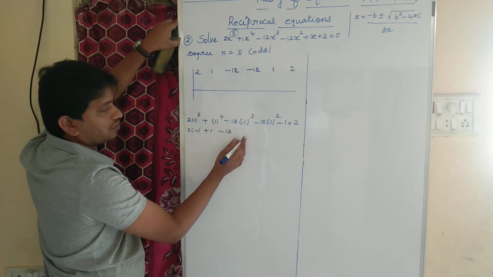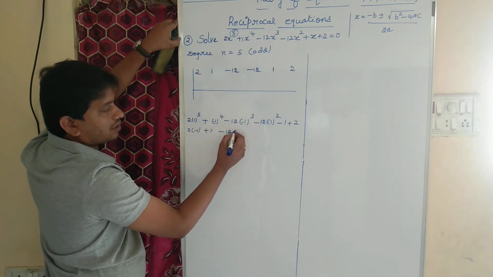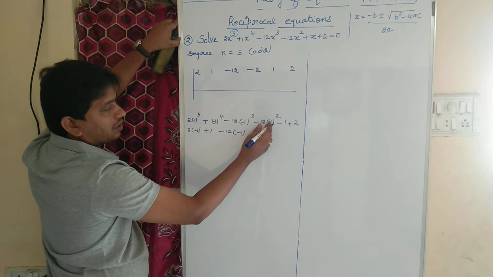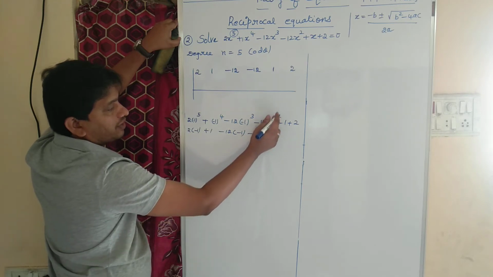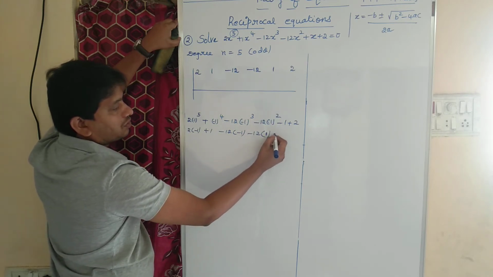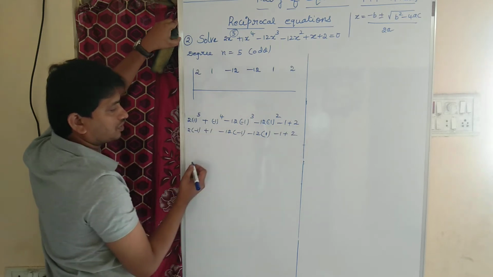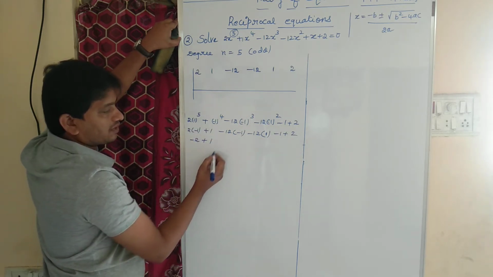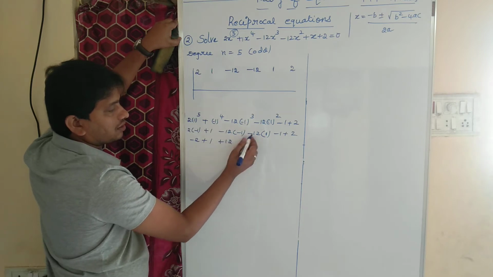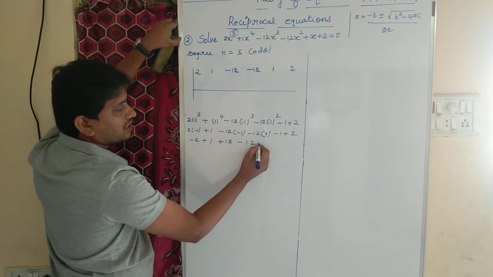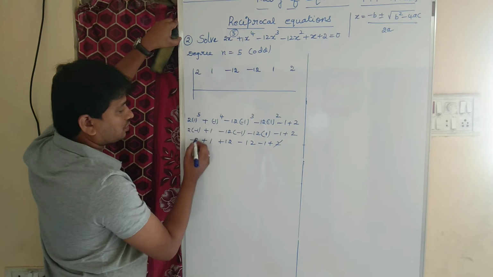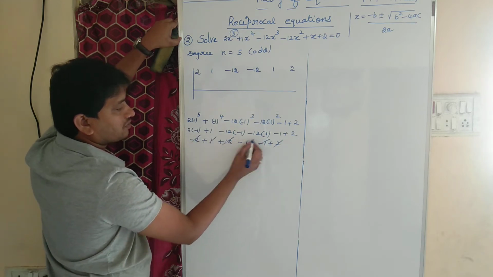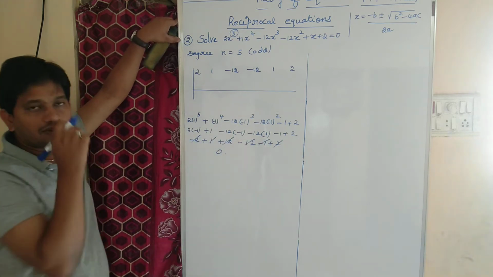Minus 12 into minus 1 cubed, the power is odd, so negative. Minus 12 into minus 1 squared, the power is even, so positive. Then minus 1 plus 2. So 2 into minus 1 is minus 2, plus 1, minus into minus plus, minus into plus minus, minus 1 plus 2. Plus 2 minus 2, plus 1 minus 1, plus 12 minus 12 gets cancelled, 0.